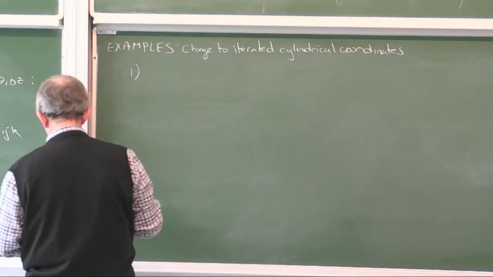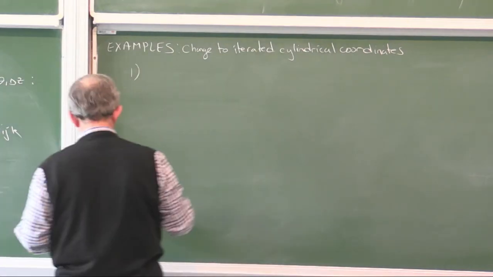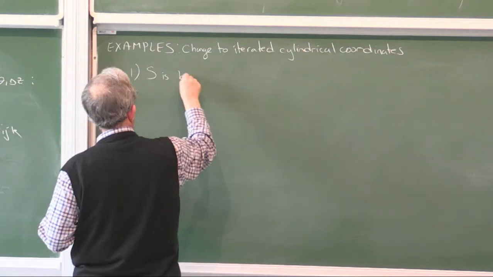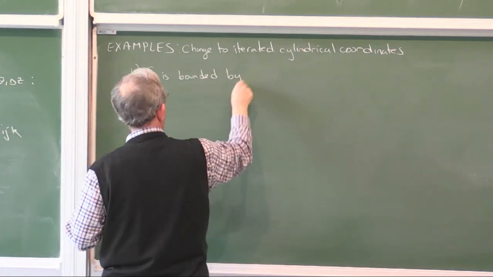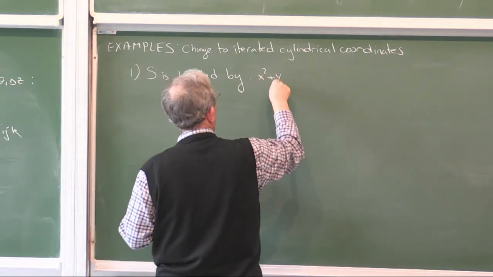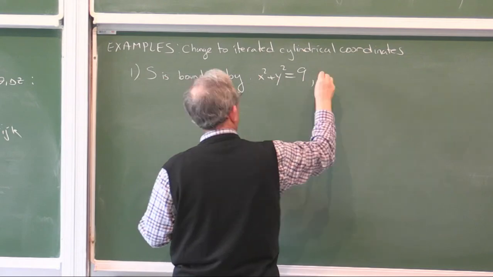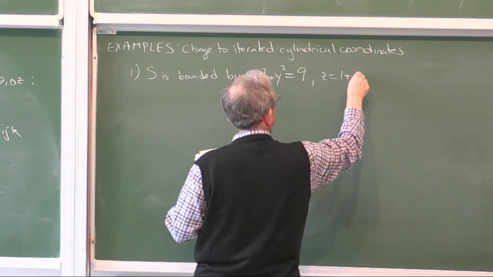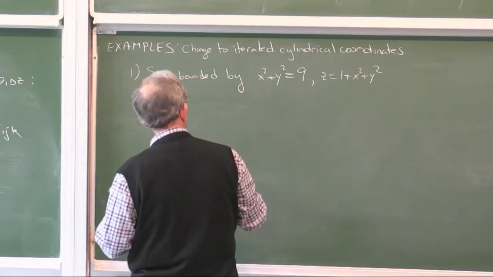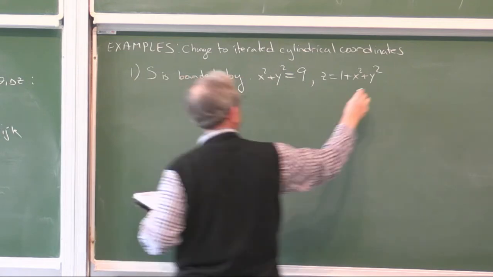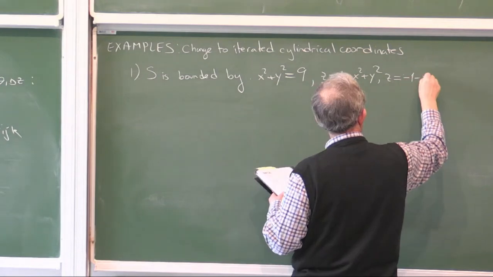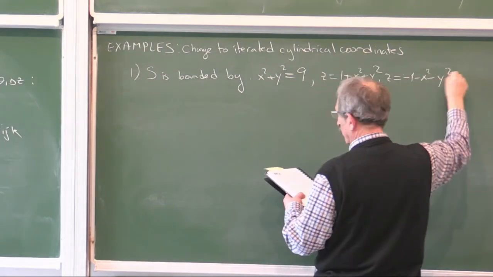Okay, the first example is S is bounded by x squared plus y squared is 9. Z is 1 plus x squared plus y squared, and that is minus 1 minus x squared minus y squared.